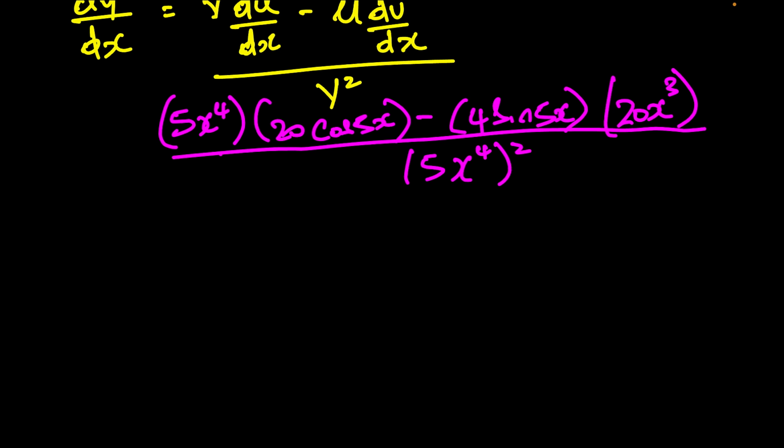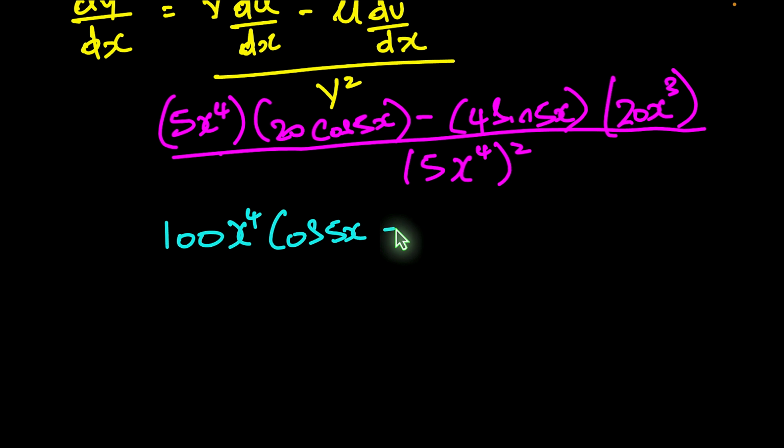So let's simplify now. We have 5x to the power of 4 multiplied by 20 cos 5x, and 5 times 20 gives us 100. The x to the power of 4 remains the same, and that's now times cos 5x. We can't do anything with that 5x because it's part of the function.